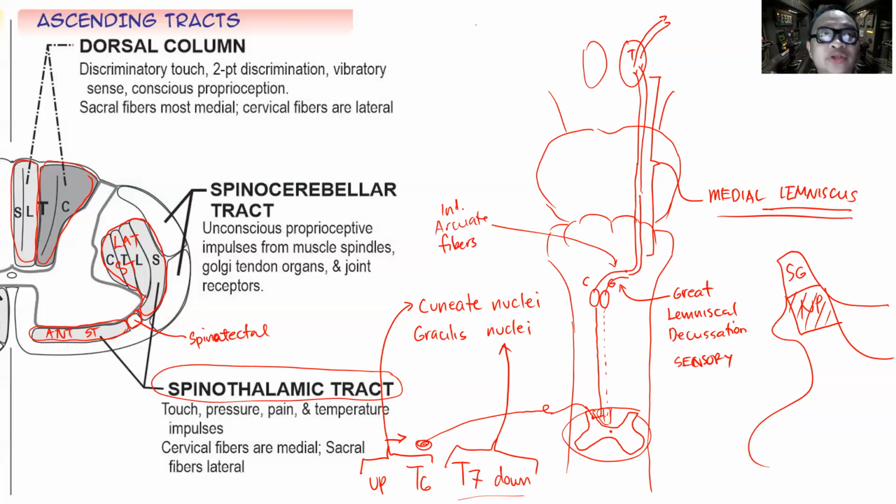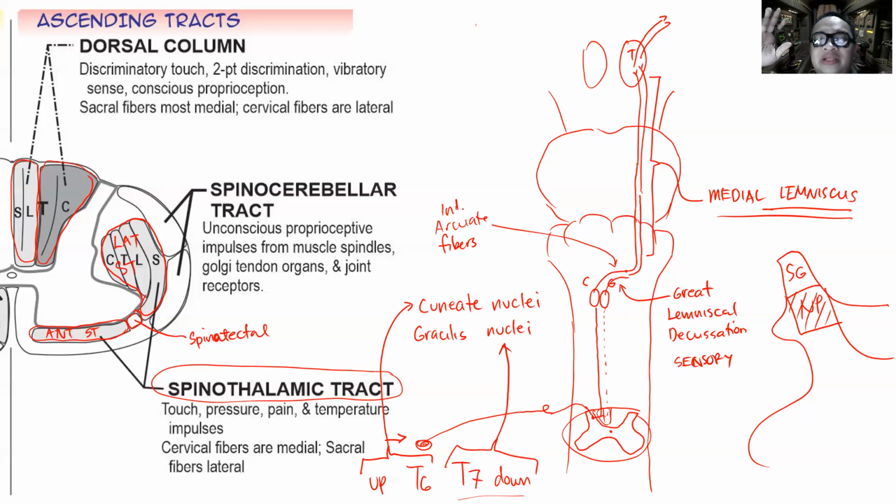Your dorsal columns are actually very important also. If your spinothalamic tract is more on the side of protection, your dorsal columns help you function normally. Just to recap, these sensations are divided.